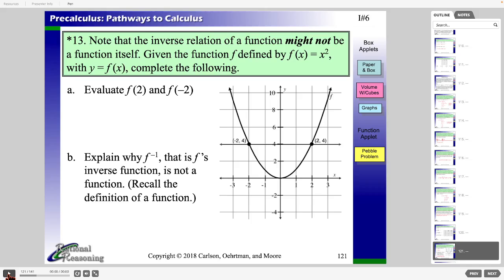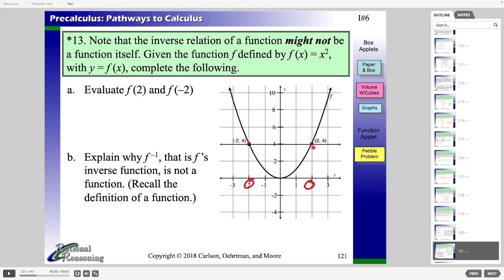And you know, it's always possible that when we try to get an inverse function, it might not be a function itself. So we look at the squaring function. An input of 2 gives us an output of 4, and an input of negative 2 gives us an output of 4. If we try to go backwards, if I start at 4, where do I go?